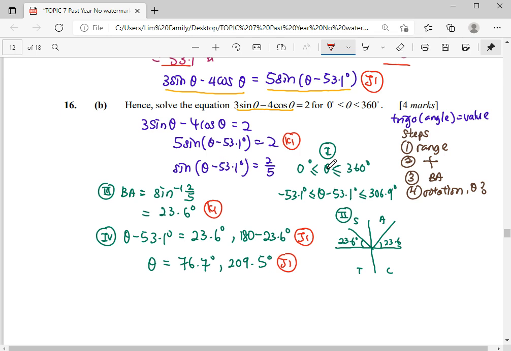So when my angle is theta minus 53.1, it goes through the same operation for 0 and 360. This 0 also will minus 53.1, so that's why we get negative 53.1. And then 360 also needs to minus 53.1, so that's why we get 306.9.